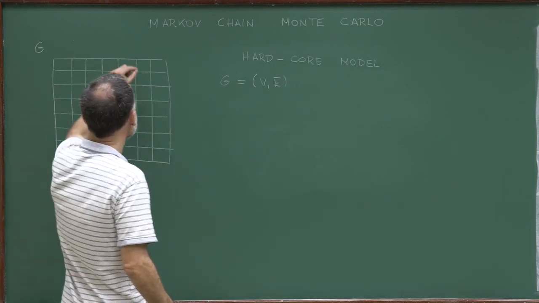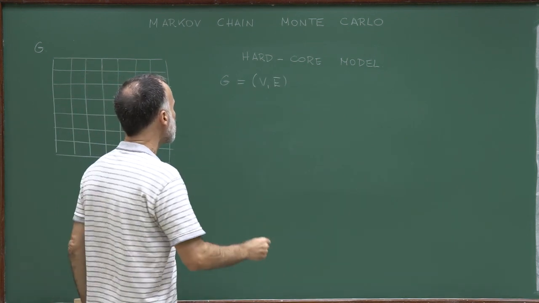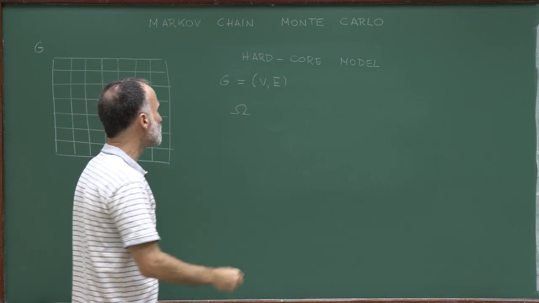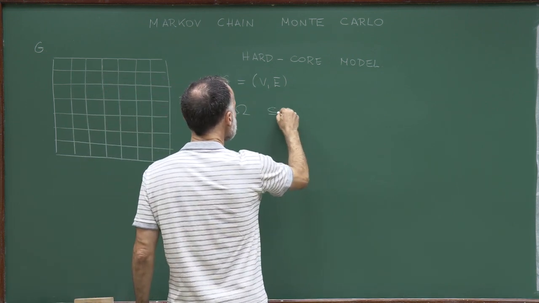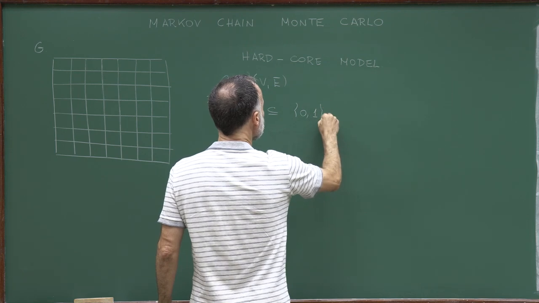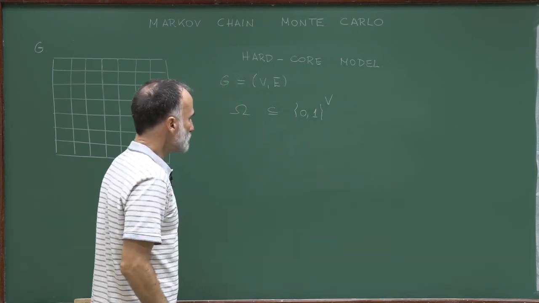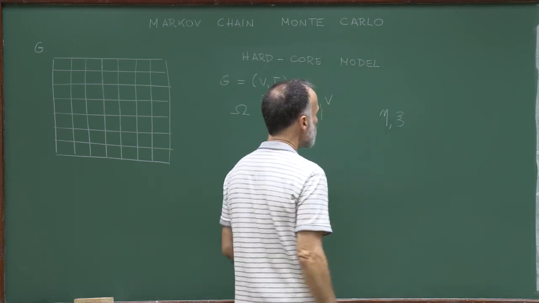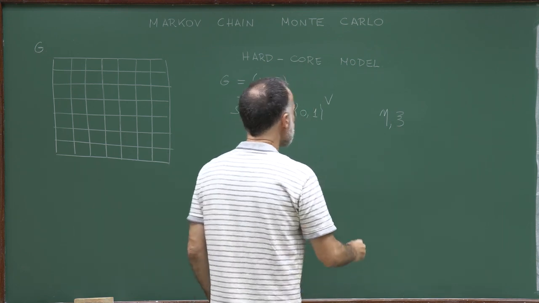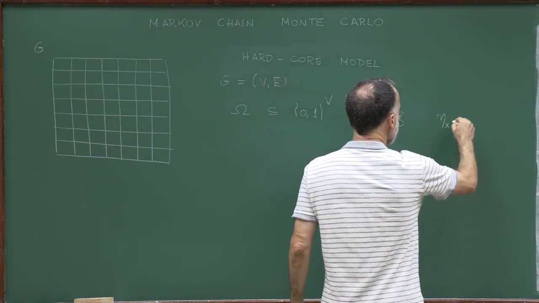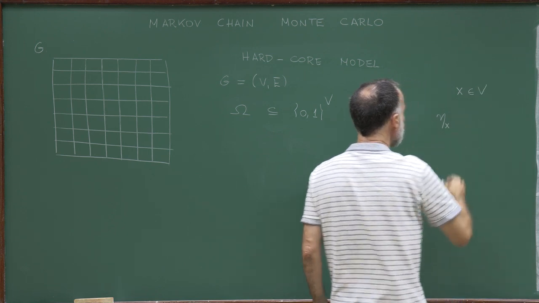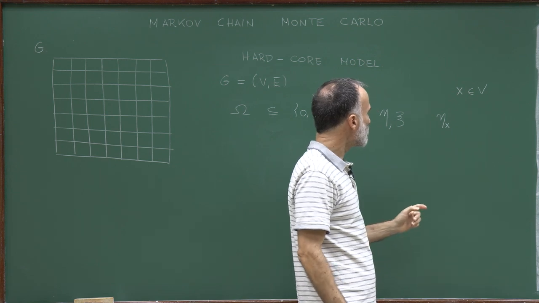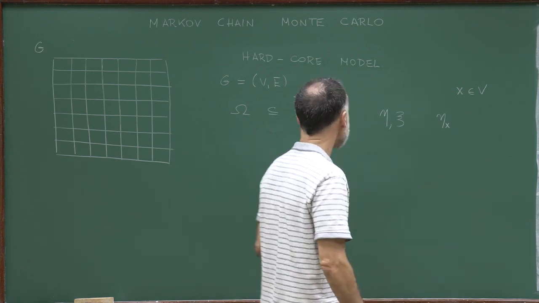Now we will place particles at sites of V. So the state space, which I will represent by omega, will be a subset of {0, 1} to the power V. Elements of omega will be represented by Greek letters eta and xi. So eta(x) for x in V will be either 0 or 1: 1 if there is a particle at site x for the configuration eta, and 0 otherwise.